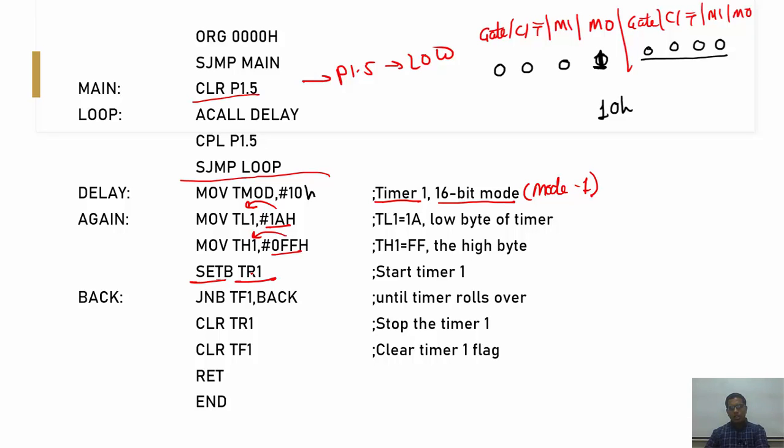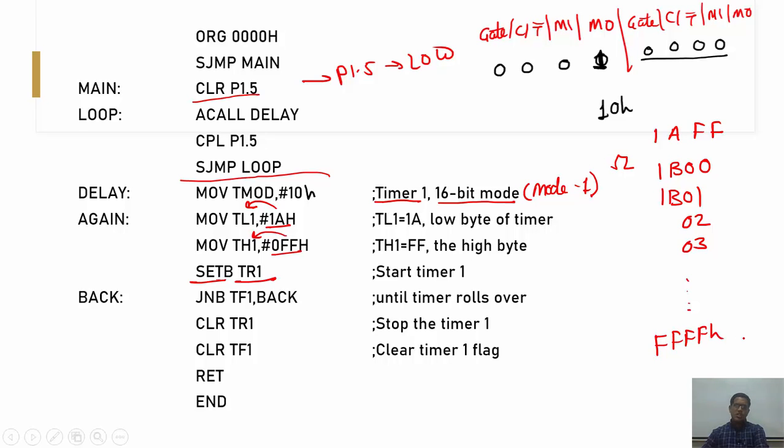The moment I start the timer, what will happen? This is the initial value, FF1A, and when we start the timer, the count values get incremented by 1. So it is now FF1B, then FF1C, and so on, up to FFFFH.